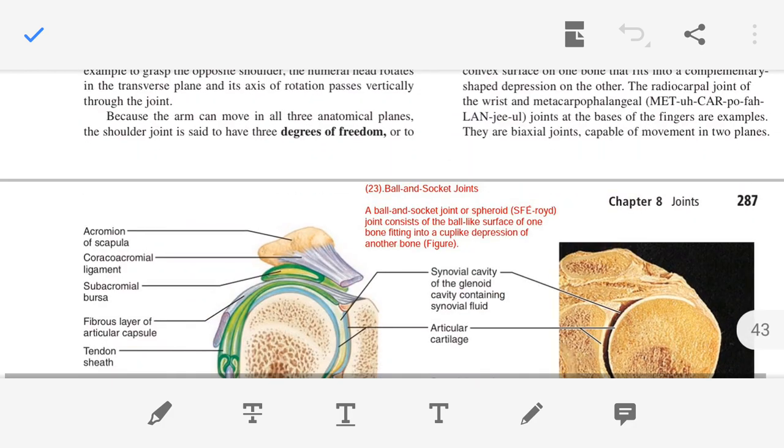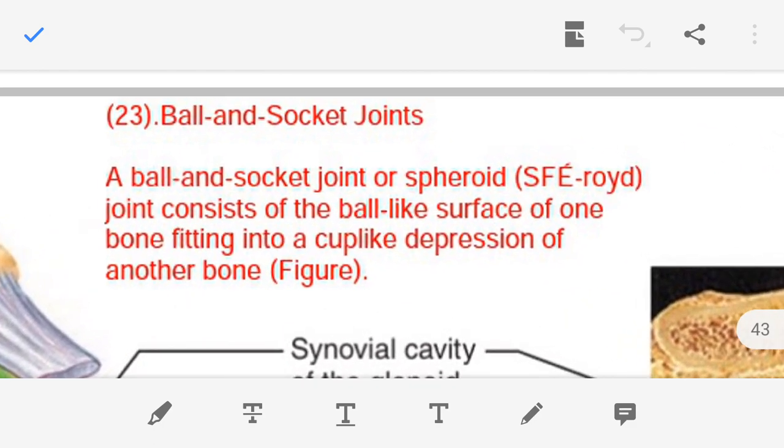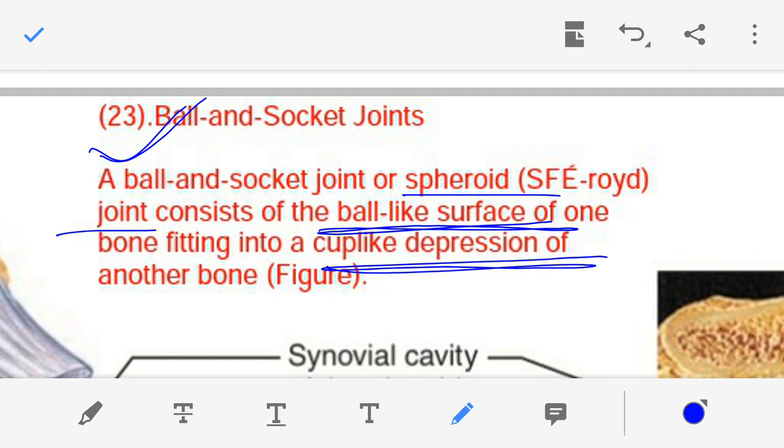Now the final type of joint is the ball and socket joint. Ball and socket is also known as the spheroid joint, and here one bone has a ball-like surface and the other bone has a cup-like depression. This ball-like surface of one bone fits into the cup-like depression of the other bone.